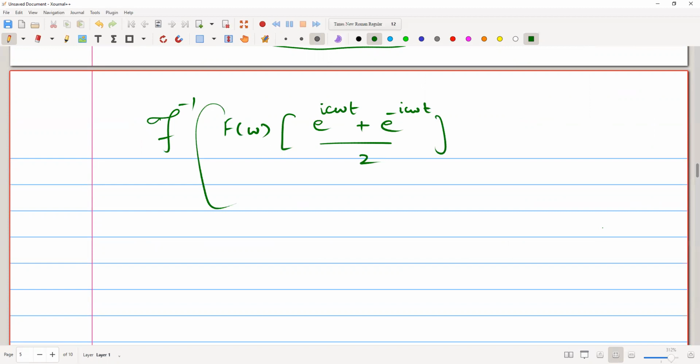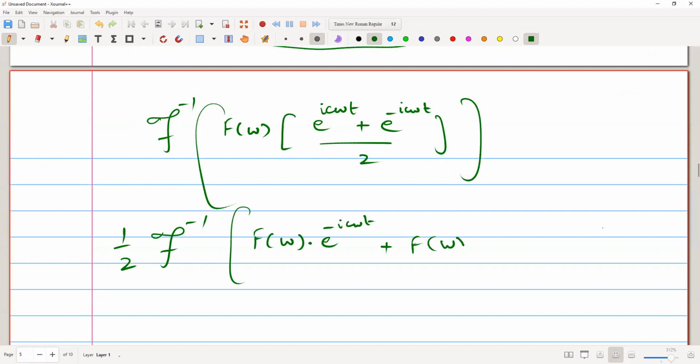If we further simplify, it will be the Fourier inverse of 1 over 2, which you can take outside, times f of omega e to the power negative iota c omega t plus f of omega e to the power iota c omega t.